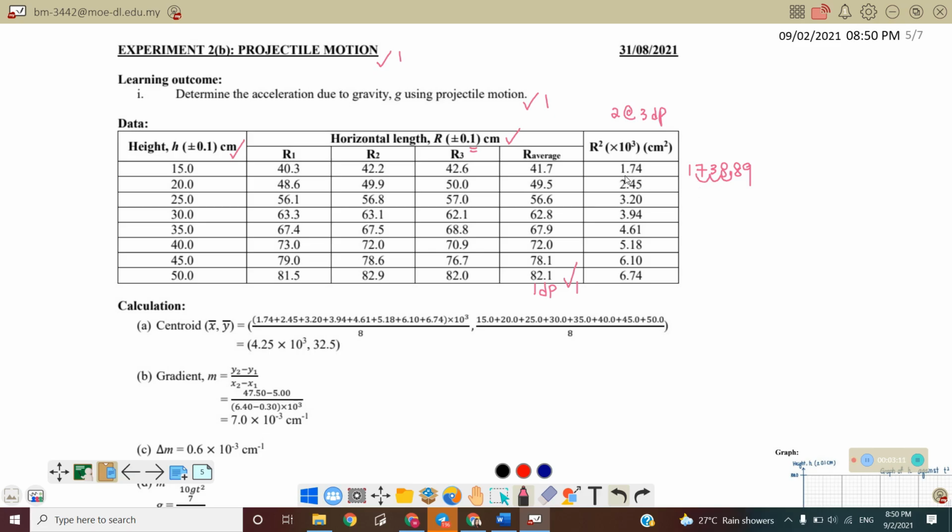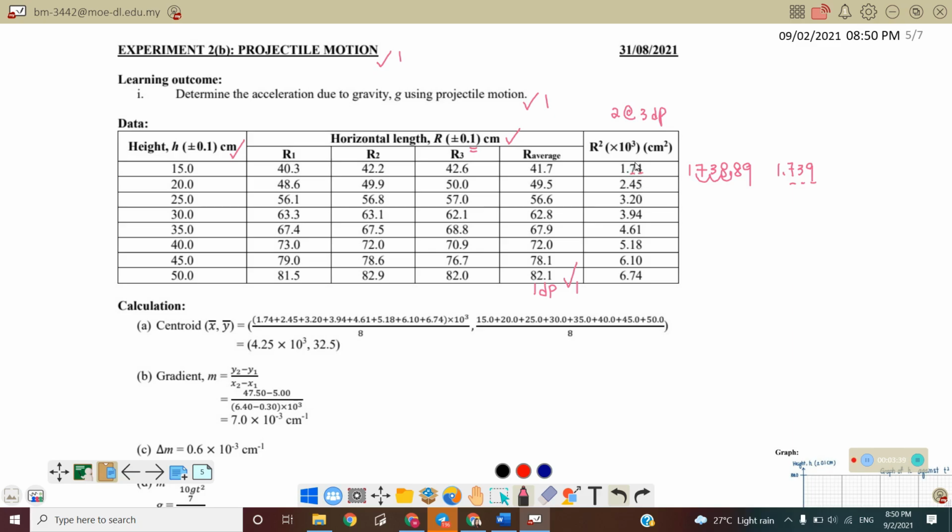We write it as 1.74 times 10 to the power of 3, rounded off to 1.74. Or if you don't want to write 1.74, you can also write 1.739, which is also correct because it has 3 decimal places, 1, 2, 3. And 1.74 is also correct because it has 2 decimal places.